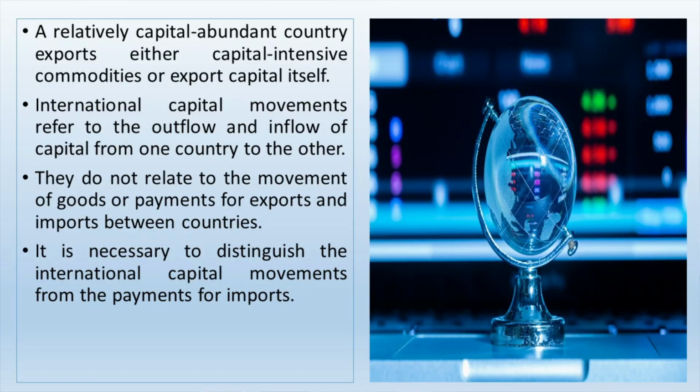By this movement of capital, both countries can mutually benefit. For example, a relatively capital abundant country like the United States can export either capital intensive commodities or capital itself.